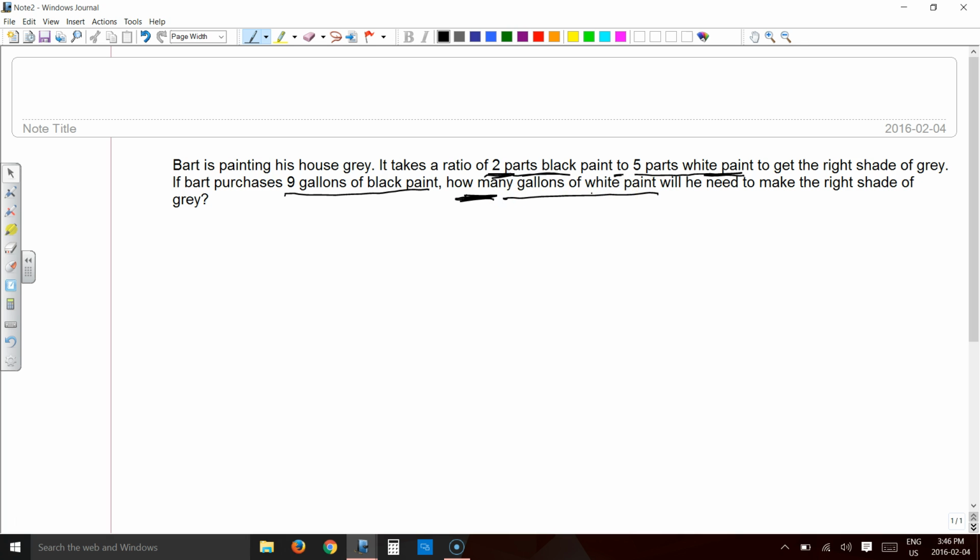I'd like to take a look at what's given and what is being asked, or what we're trying to find. So right about here in the question, this whole section is information that they are giving us. They're telling us that it's a ratio of 2 to 5. So this is given information.